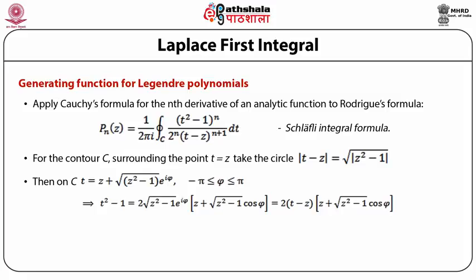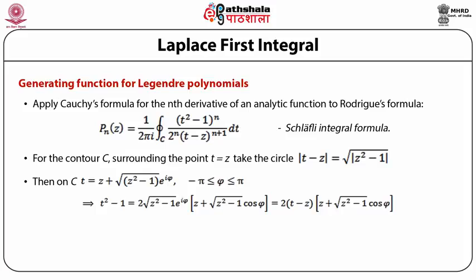Making this change of variable, we have t^2 - 1 equal to 2 times square root of z^2 - 1 into e^(i phi) multiplied by (z + square root of z^2 - 1 cos phi).